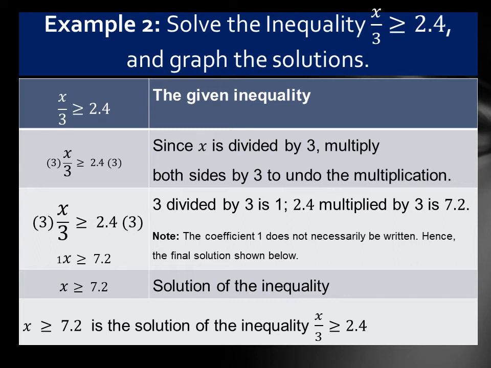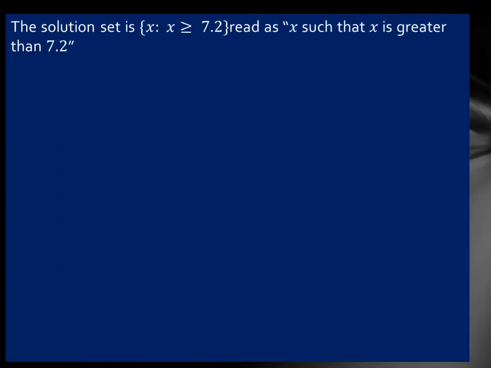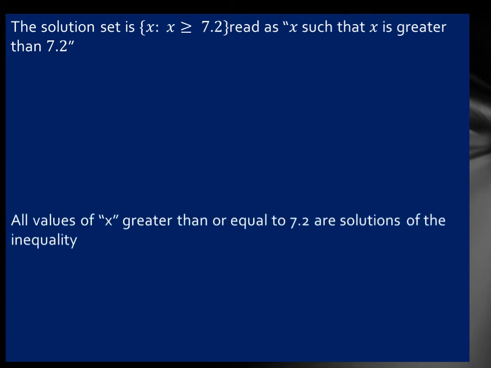This time, 7.2 is included in the solution because we are using the symbol greater than or equal to. The solution set is x such that x is greater than or equal to 7.2.